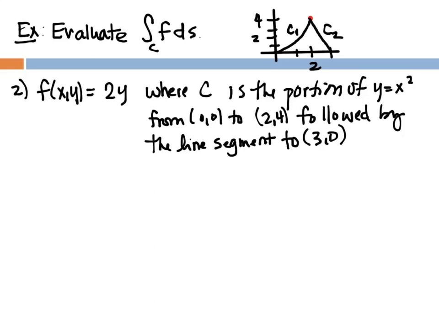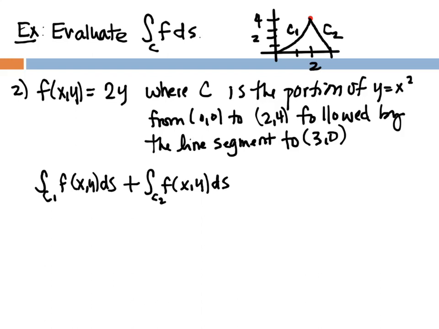So the first thing we're going to be doing is a line integral on C1 of our function. And then we'll do a line integral on C2. Oops, that's not written right. Line integral on C2 of our function. All right, so we're going to do this one first.